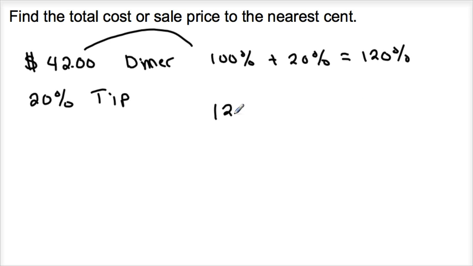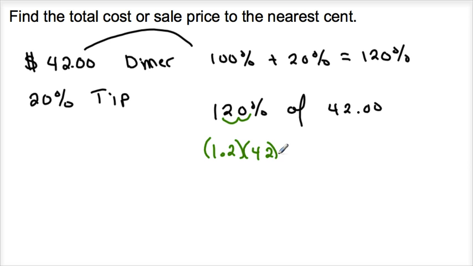So what is 120% of $42? 120% as a decimal, I'm going to move my decimal over twice. So 1.2 times $42, and you should get the same amount of $50.40. Don't forget your dollar sign.